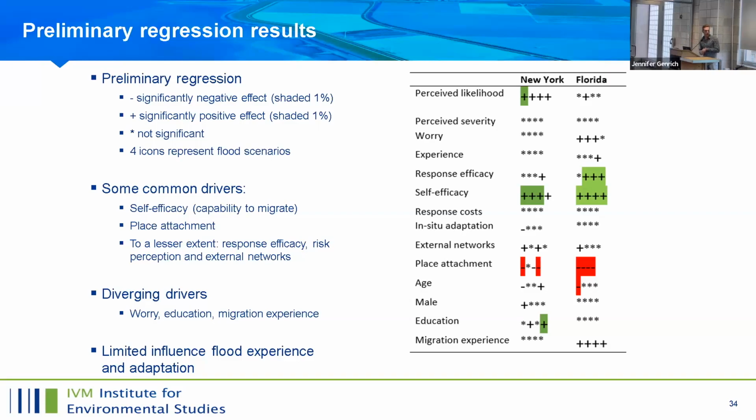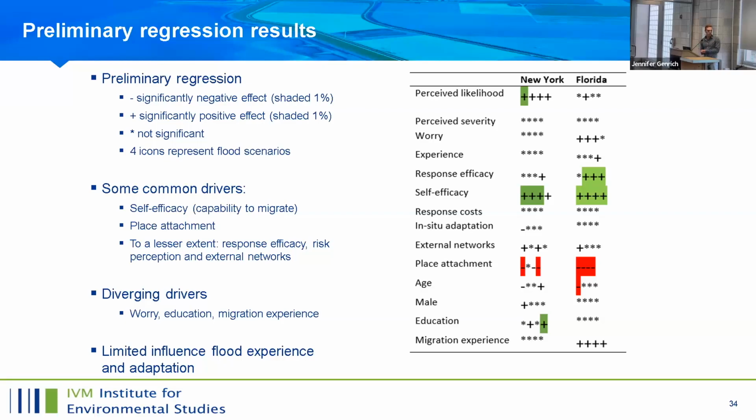We see that in all cases, capability to migrate, so self-efficacy, is a very strong determinant of migration. We also see that place attachment is important, both in Florida and New York. And to a lesser extent, risk perceptions and external social networks, so if they know people who live in other places where they could potentially migrate to, are important.